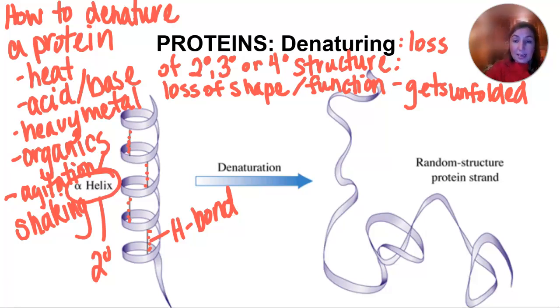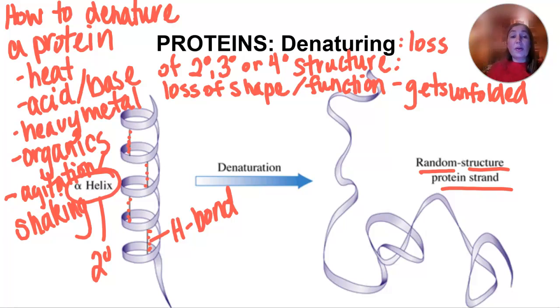And so in denaturing, we lose some of that. Look how the ribbon sort of becomes flattened or unwound, or it just kind of goes straight. And so now we have this really random structure protein strand. The ribbon is just kind of flat and falling everywhere.